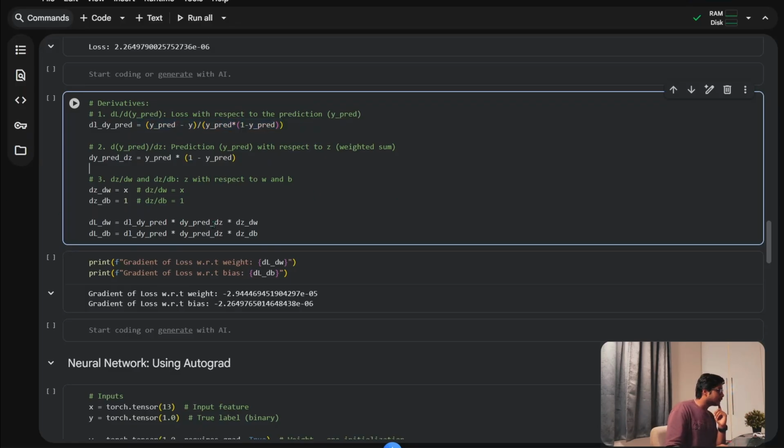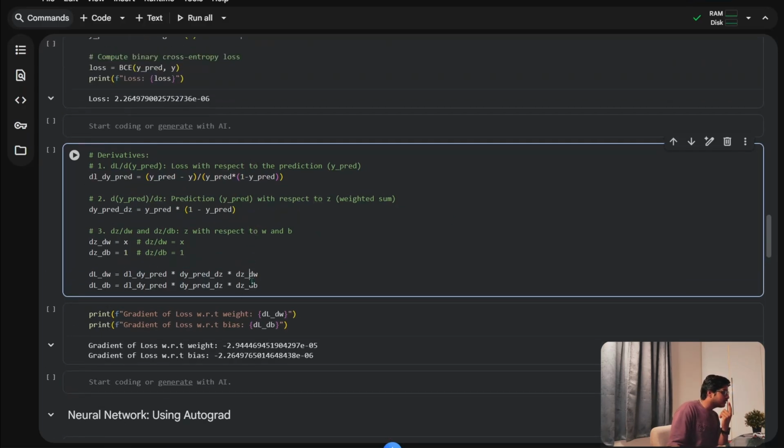And then we calculate this derivative, which is derivative of y hat with respect to z. So it's simply y hat times 1 minus y hat. And lastly, we calculate this and this, which is the derivative of z with respect to w, which is nothing but x, and derivative of z with respect to bias, which is nothing but 1.